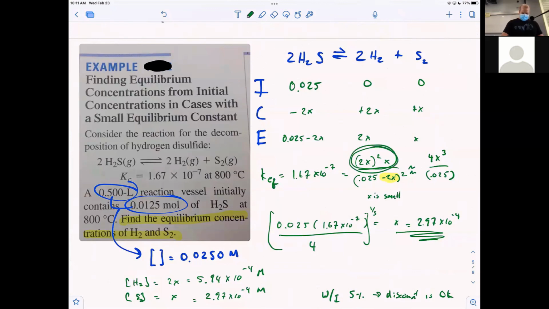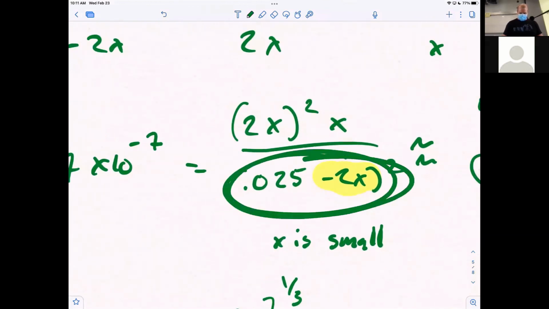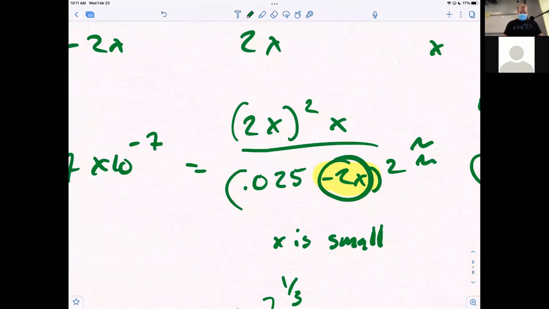The reason is you can't discount these X's because this one here relates it to another number. You're relating this minus 2X to 0.025. So what you're saying is 0.025 minus a very small x is approximately 0.025.